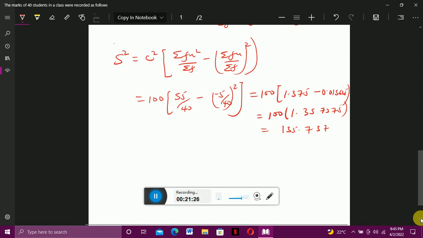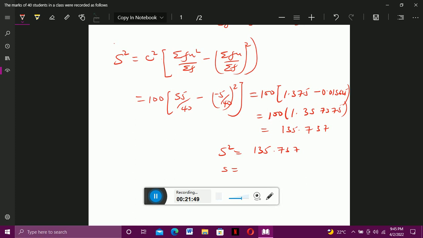And so S squared is 135.737, and the standard deviation is the square root of that. So what is the square root of that?